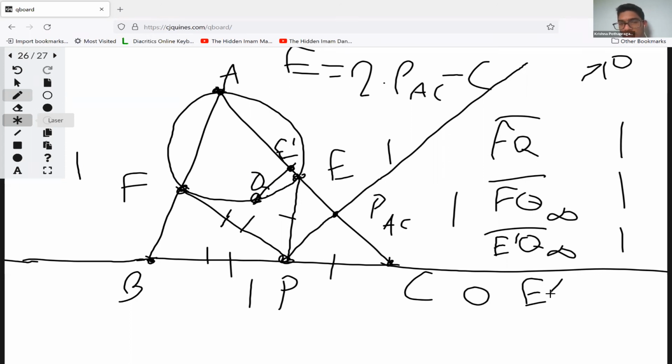And then E dash is the intersection of line AC, which has degree 0, and the line between Q and this point at infinity, which has degree 1. So by Zack's lemma, this has degree 1.